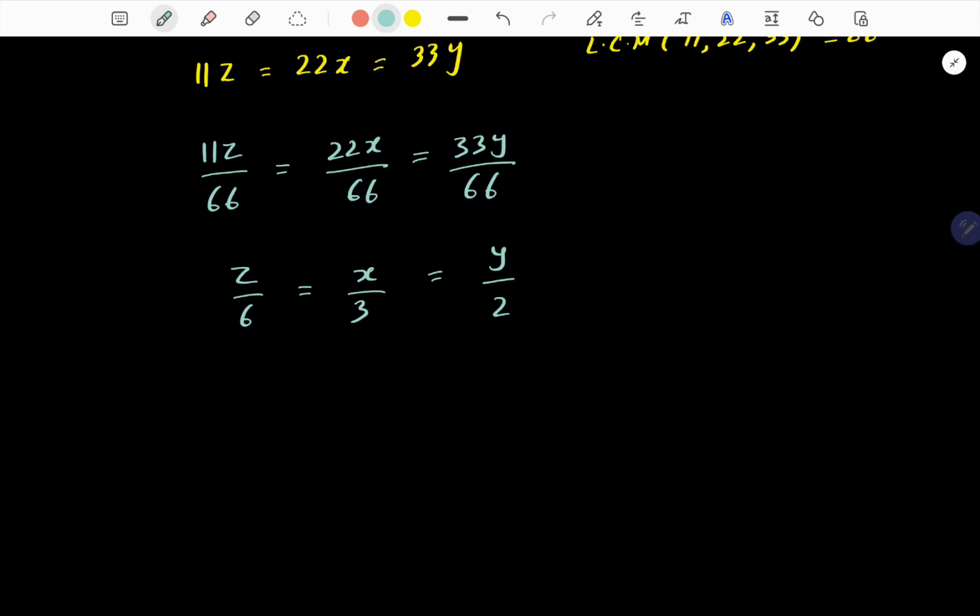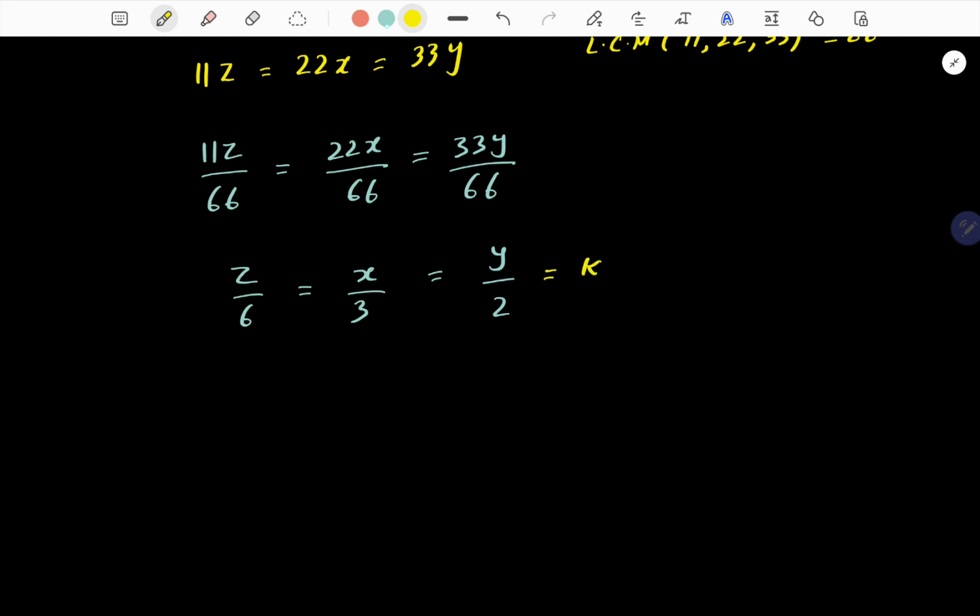Now these are three different variables z, x and y, but z over 6 is only a relation of z, x over 3 is only a relation of x, and y by 2 is only a relation of y, and these are all equal. When different functions or variables are connected with equality signs, the equality can hold only when they are equal to some constant, and let us say that this constant is equal to k.